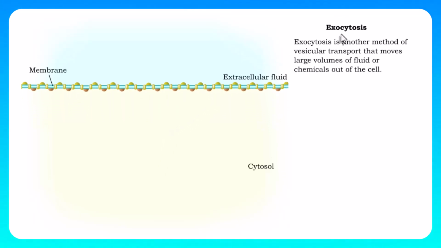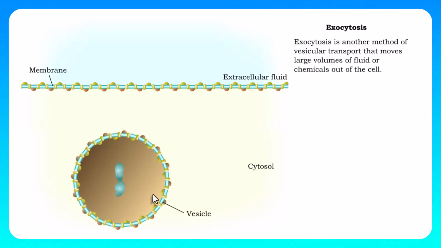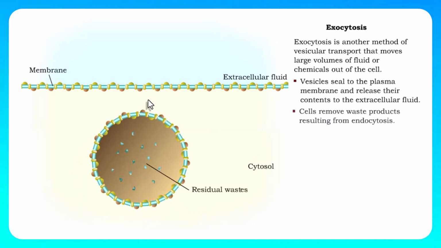Exocytosis is another method of vesicular transport that moves large volumes of fluid or chemicals out of a cell. Vesicles enclosing substances for release fuse with the plasma membrane, and the contents are exported out of the cell.